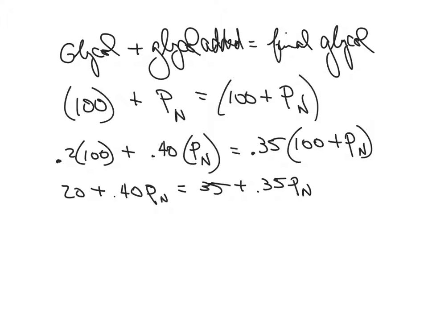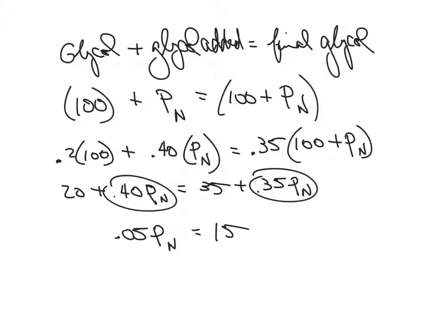Okay, nothing really crazy. Solve for P of n, move these things around a little bit, and we get 0.05 P of n equals 15. Divide by 0.05 and 15 divided by 0.05 is going to be 300.